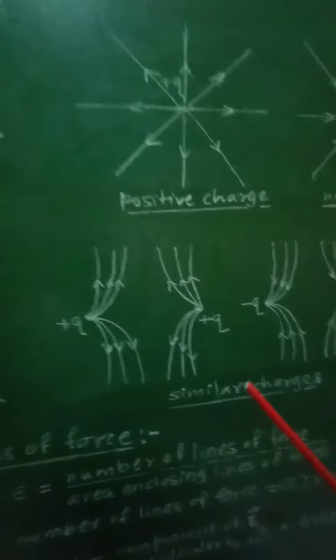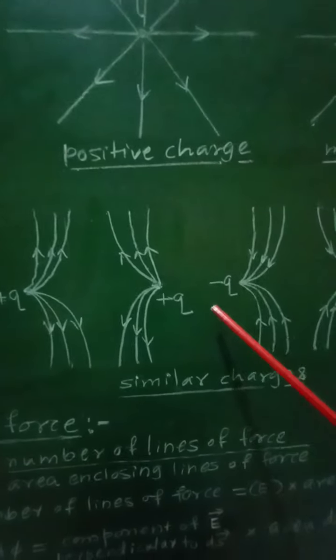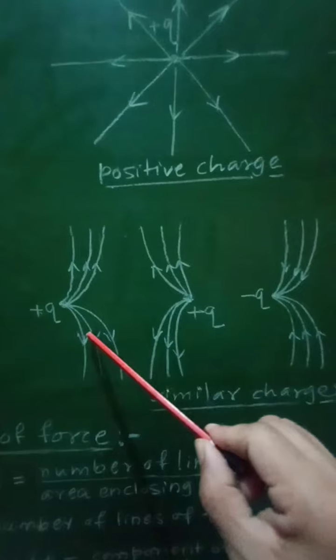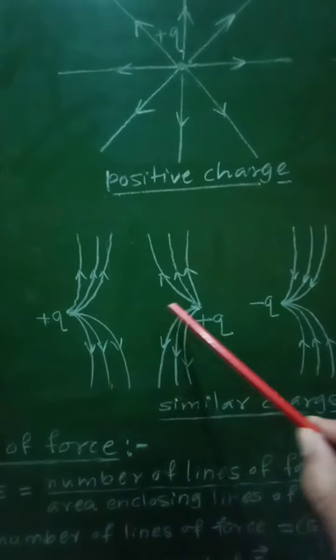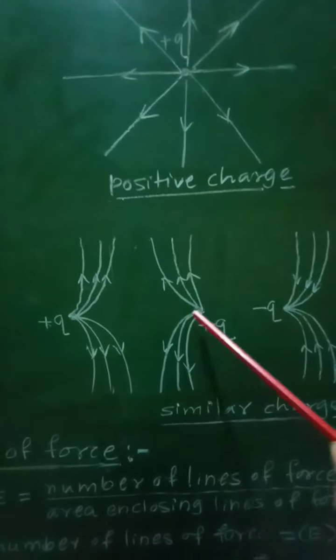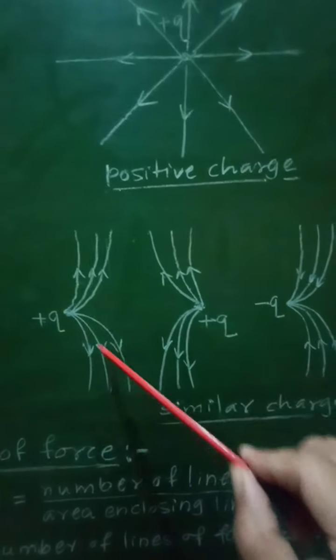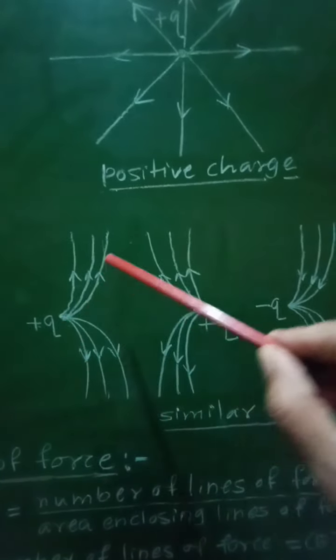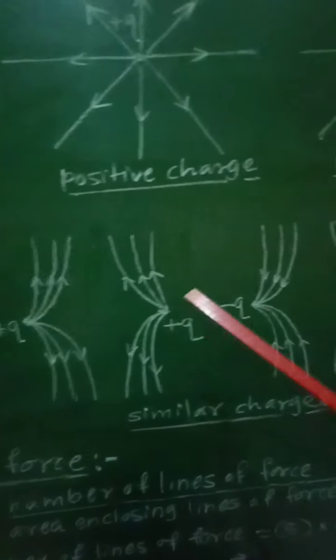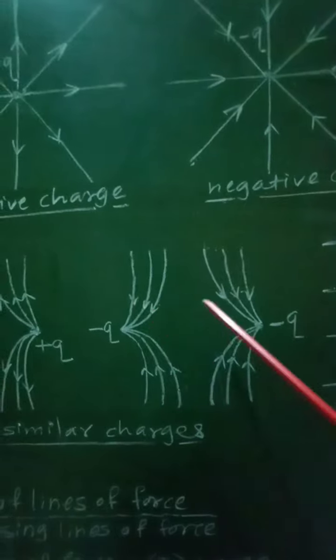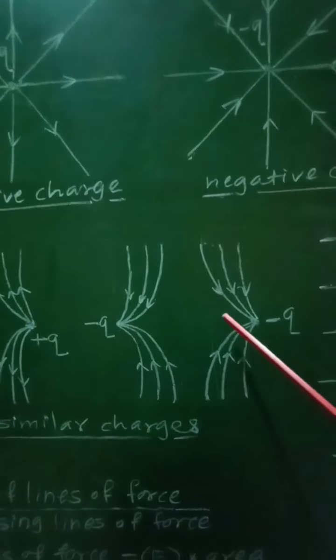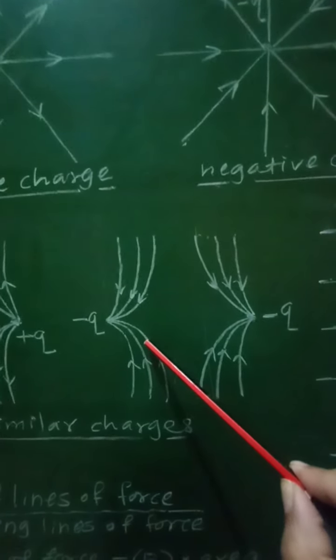Similarly, if you consider two similar charges, plus Q or minus Q, then for plus Q charges, the electric lines of force will be directed outward from both charges, while in case of minus Q charges, these electric lines of force are directed towards the charges.